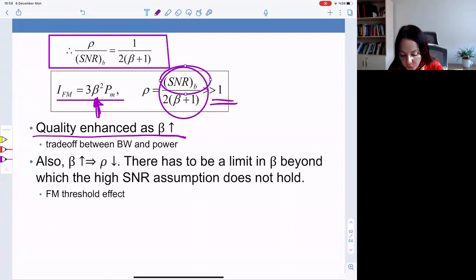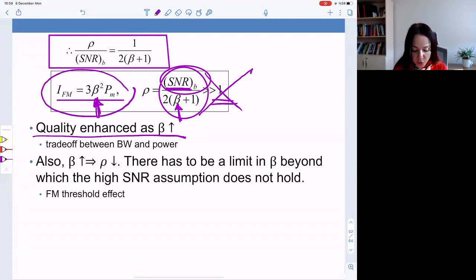Because if you're increasing beta, but SNRB is small and cannot keep up, and this is violated, then you're going to run into an FM threshold effect where this is not going to be valid anymore.